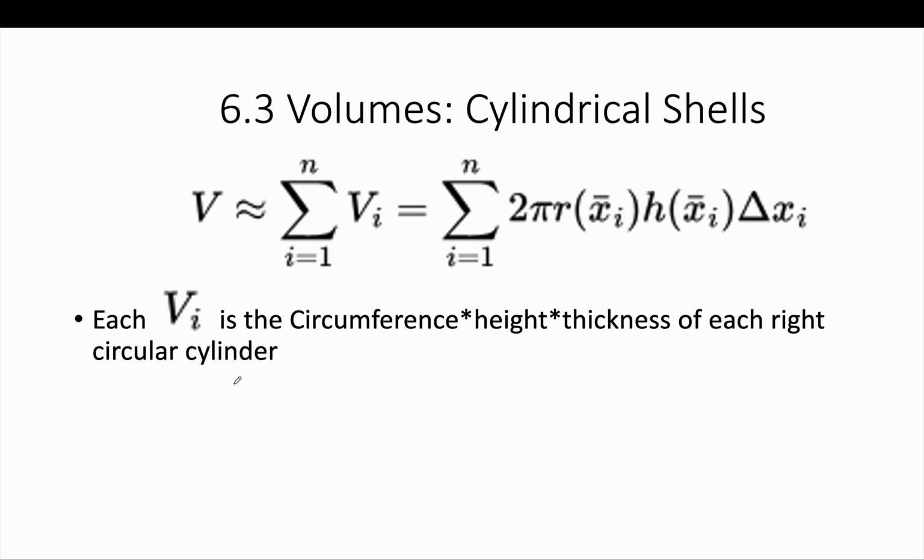So r of x_i bar, for us when rotating around the y-axis, is just x, and h of x_i bar is just f of x usually, and delta x_i is just delta x. This is the circumference times the height times the thickness: 2 pi r times h times delta x. That's what we're looking at.